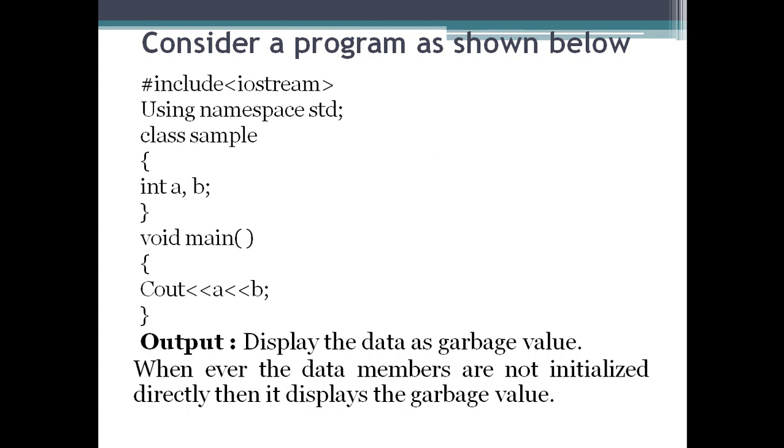Integer occupies 0, floating point occupies 0.0, character occupies a null value, and double occupies 0.00 followed by 4 zeros. This is another simplified example of how a default or garbage value is assigned by your compiler when nothing is declared and initialized.